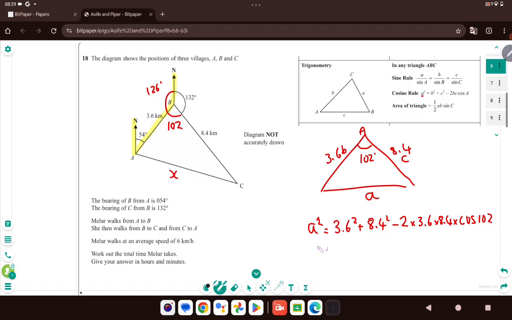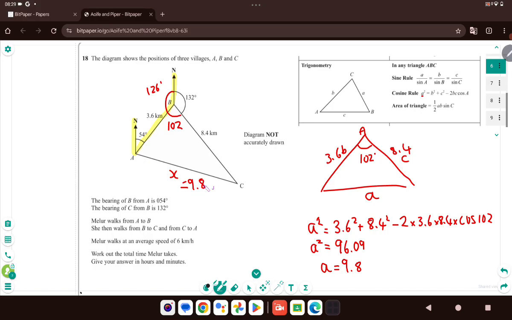Now I can just put all that straight into my calculator. 96.09. Square root both sides. 9.8. 9.802 as well, so I'm just going to leave it 9.8.